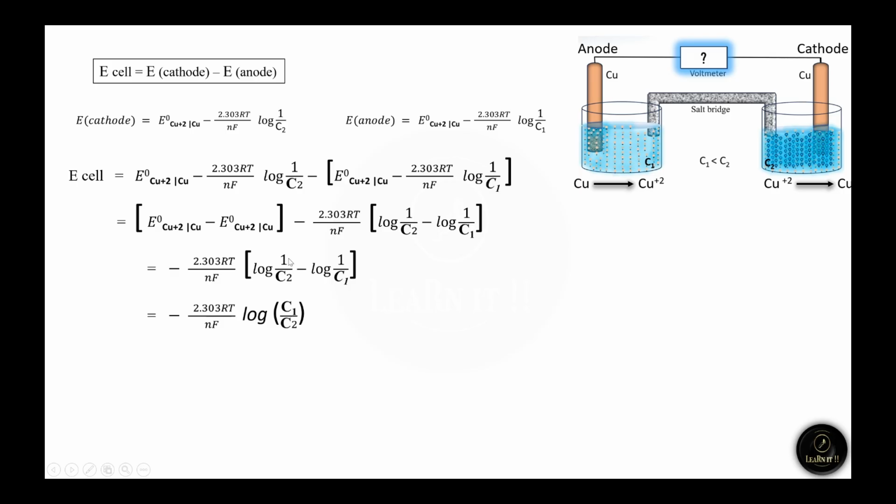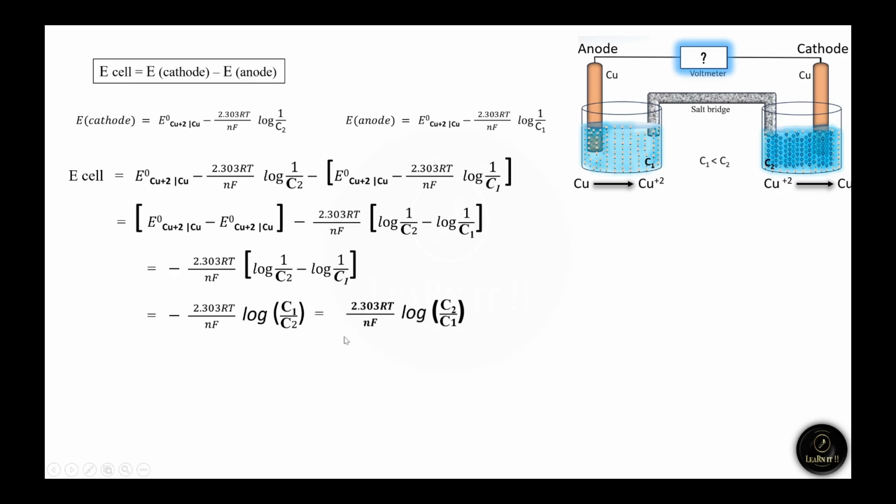We know log M minus log N is equal to log of M divided by N. So minus 2.303 RT divided by NF log of C1 divided by C2. We know another logarithmic relation, that minus log M is equal to log of 1 by M. So the minus sign goes away and flips the fraction, with C2 up and C1 down.